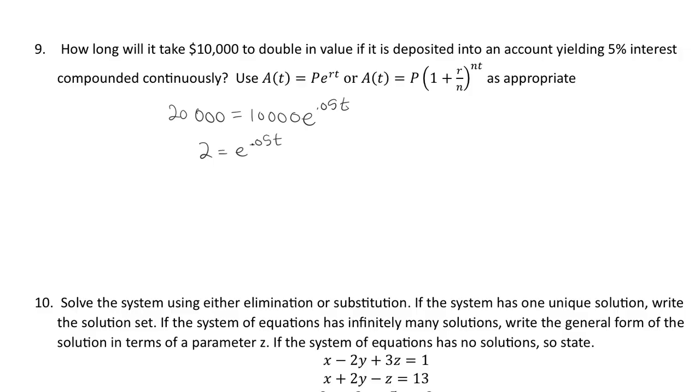And then to cancel the base e here, we need to use natural log on both sides. And then divide by 0.05. That will give us the approximate value for t. And that's 13.86 years.